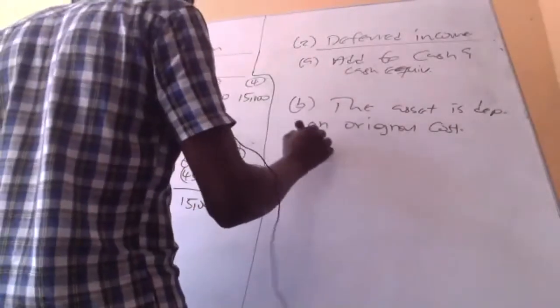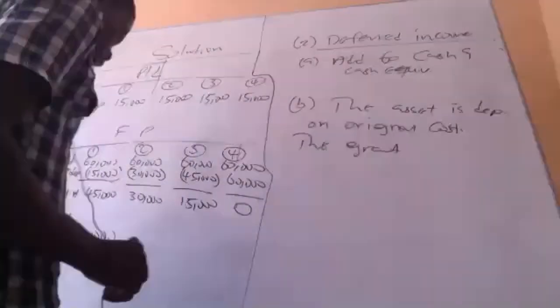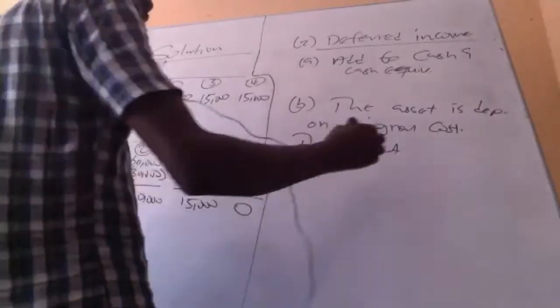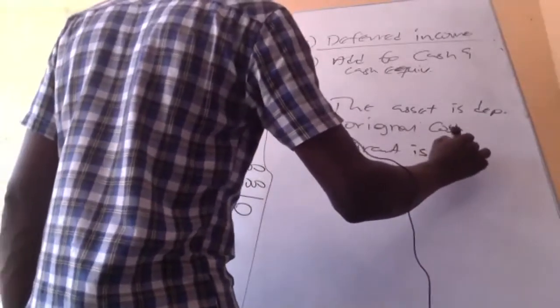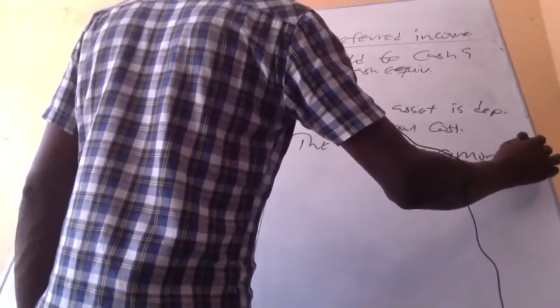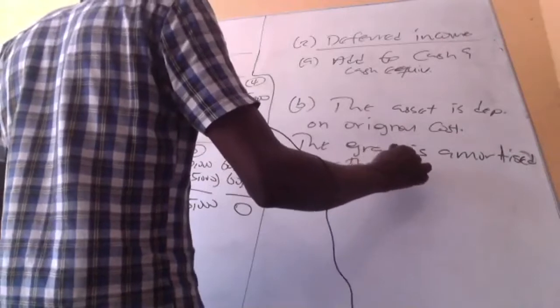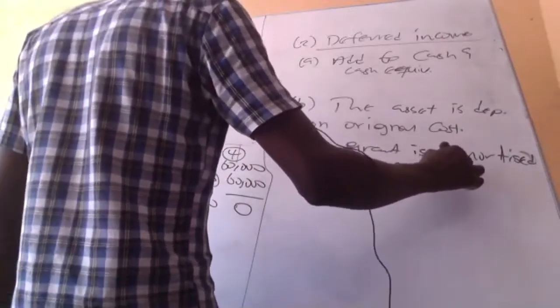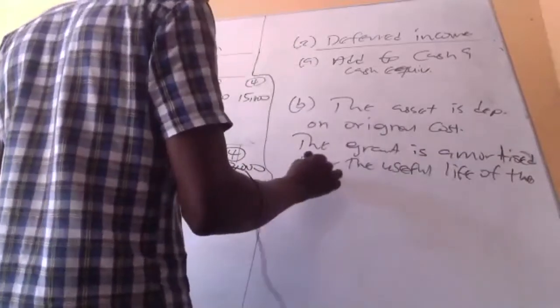Second, the grant is what? Amortized over the useful life. What is the useful life of the asset?